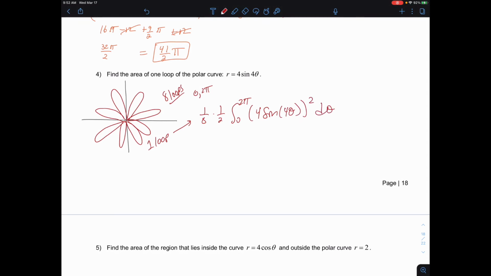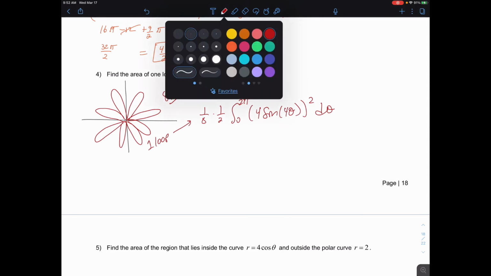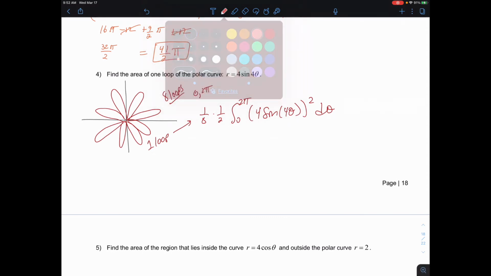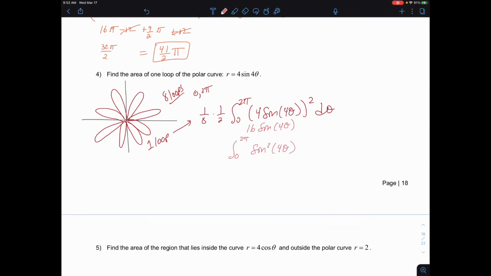Let's square that. And if I square that, I end up with 16 sine squared of 4 theta, and my 16s are going to cancel out, so I have the integral from 0 to 2 pi of sine squared of 4 theta d theta.